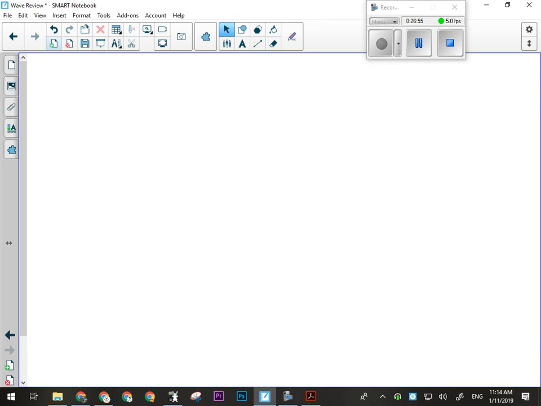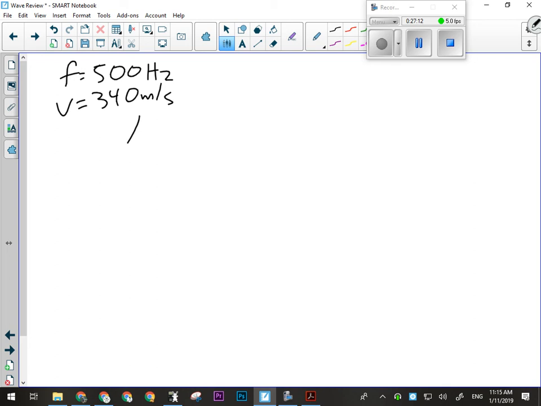Okay, so a request for 2 speaker questions. Sorry it took me so long. We have the following parameters for this 2 speaker question. The frequency of the sound is 500 hertz. The speed of sound in this room is 340 meters per second. The speaker setup looks like this.